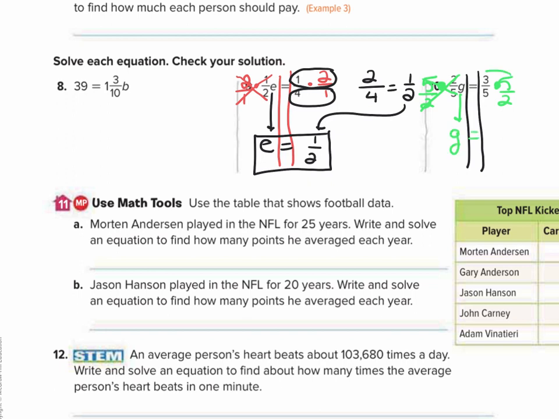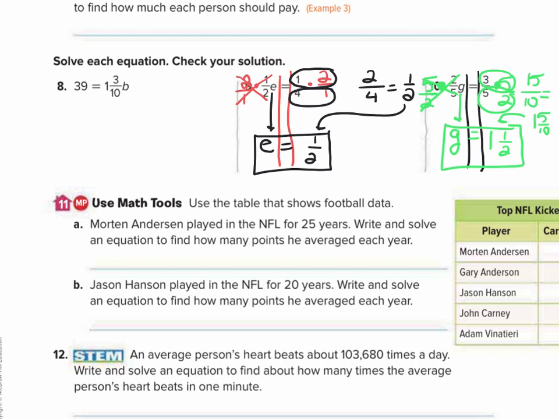G equals 3 times 5 is 15. 5 times 2 is 10. That 10 goes into 15 one whole time with 5 left over. Denominator stays the same. 1 and 5/10, we can simplify that to 1 and 1/2. So G is 1 and 1/2.